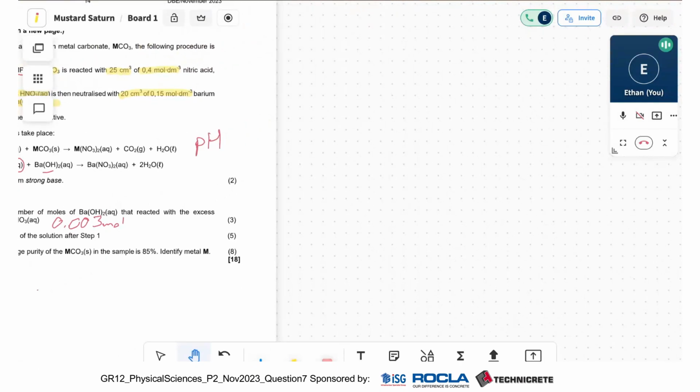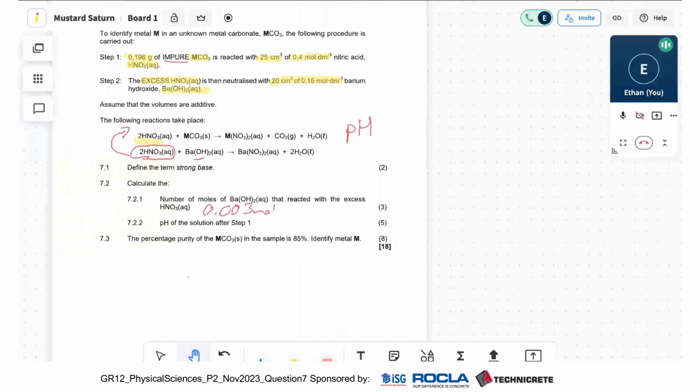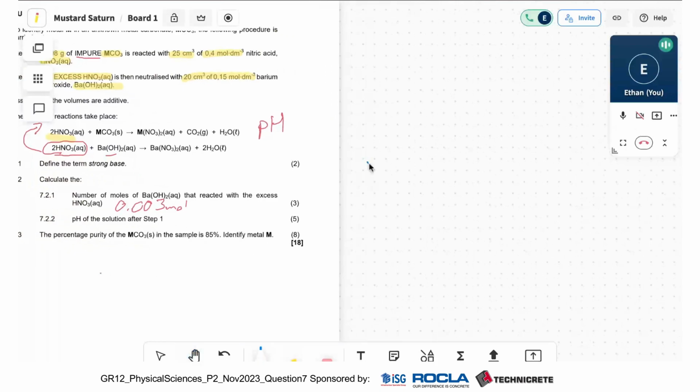So the first thing is, let's calculate the moles of HNO3 that reacted with the barium hydroxide that we just calculated. We can see in this equation that the ratio is 1:2. So there's twice as many moles that have reacted compared to what we just calculated. So the first step would be the moles of HNO3 in step 2.